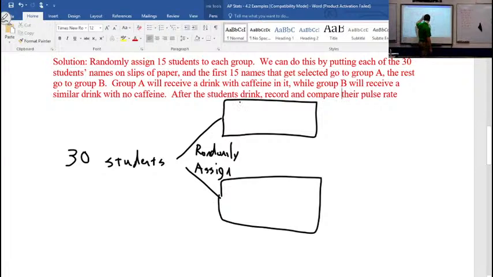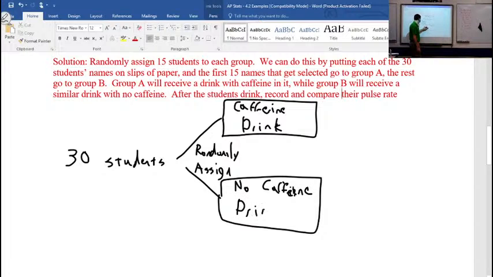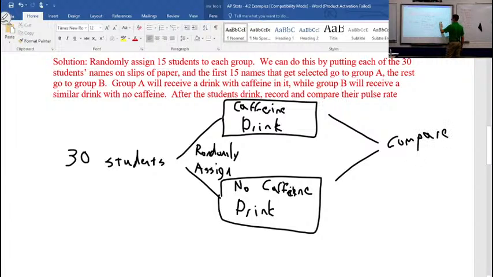This is going to have the caffeine drink. And here's group B. Group B is getting no caffeine drink. So we've said that we're randomly assigning. We've said what the two treatments are. And then we're going to say what variable we're comparing. Compare pulse rate.